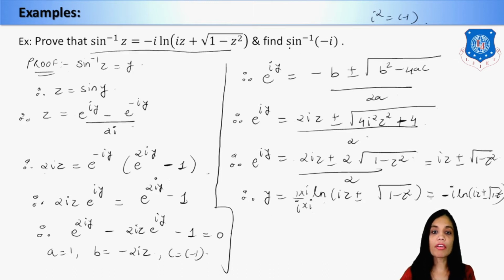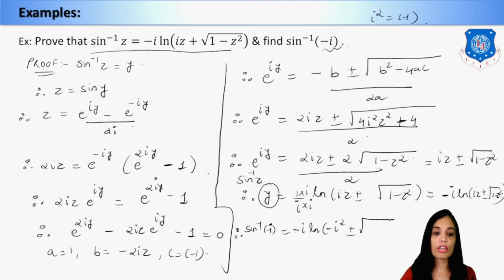Now we have to find the value of sine inverse of minus i. So this y is what? Sine inverse z. Okay, so this we have to replace by minus i. Therefore, sine inverse of minus i will be equal to, here in place of z, just put i. So you will get your answer as minus i ln of minus i square plus or minus under root of 1 minus i whole square.